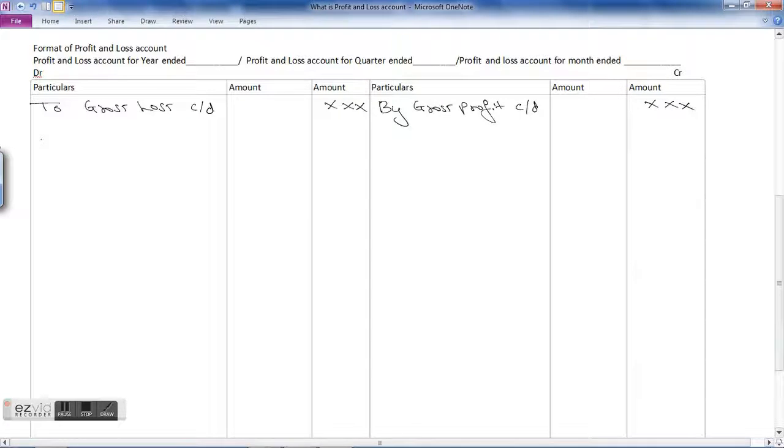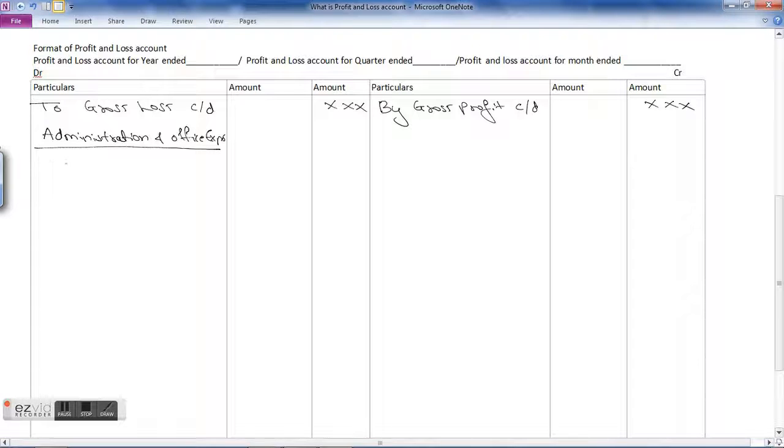Now what will be the pattern of the indirect expenses? Usually in the profit and loss account, we group the expenses. First may be administration and office expenses.